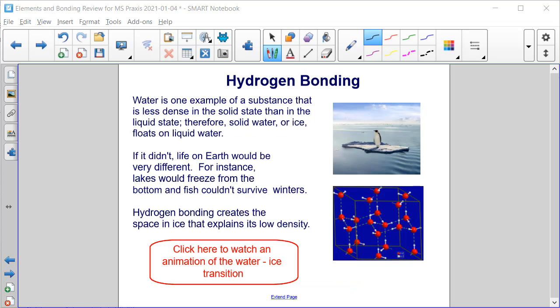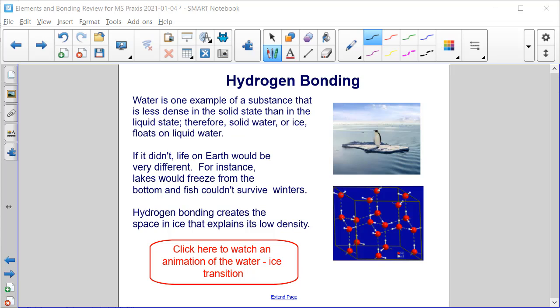Water is one example of a substance that is less dense in the solid state than in the liquid state. That makes the behavior of water really special. So solid water, or ice, floats on liquid water. If it didn't, life on Earth would be very different. For instance, lakes would freeze from the bottom and fish couldn't survive the winter. Hydrogen bonding explains this.